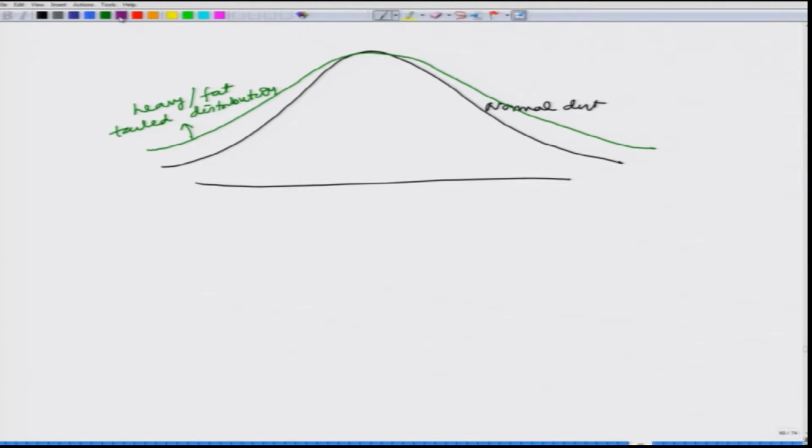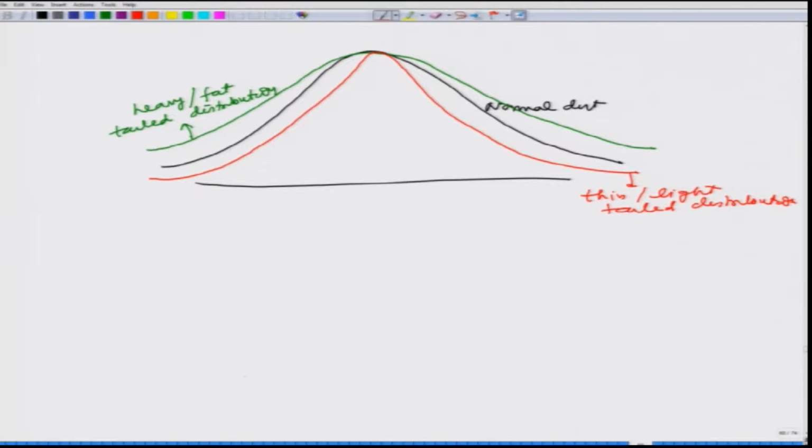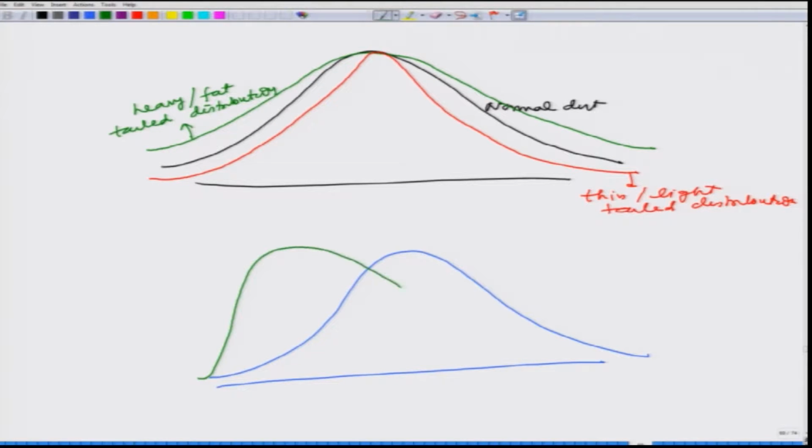Similarly, if I take another distribution whose tails are thinner or lighter than the tails of the normal distribution, then this is called a thin or light tailed distribution. On the other hand, this is our normal distribution, which is symmetric around the mean, and suppose there is another curve which is more scattered on the left hand side, something like this.